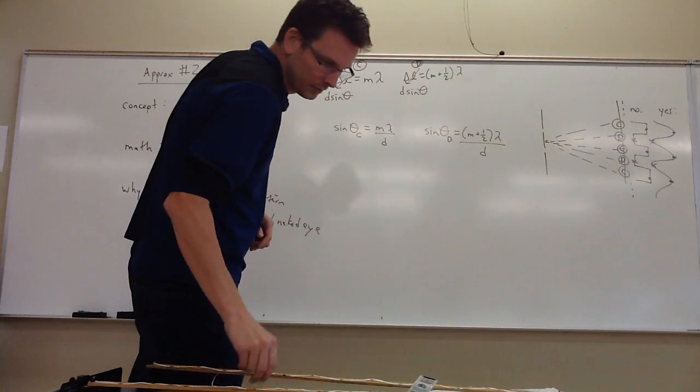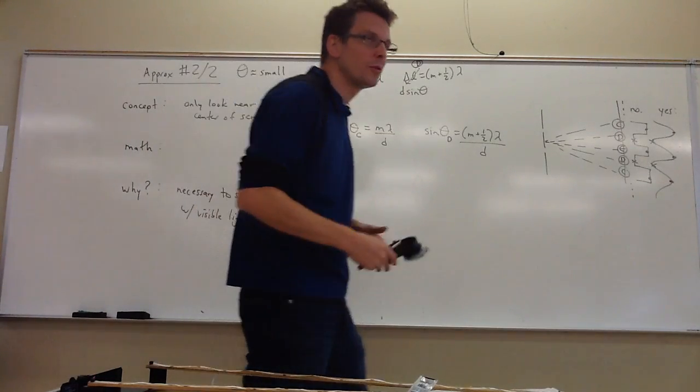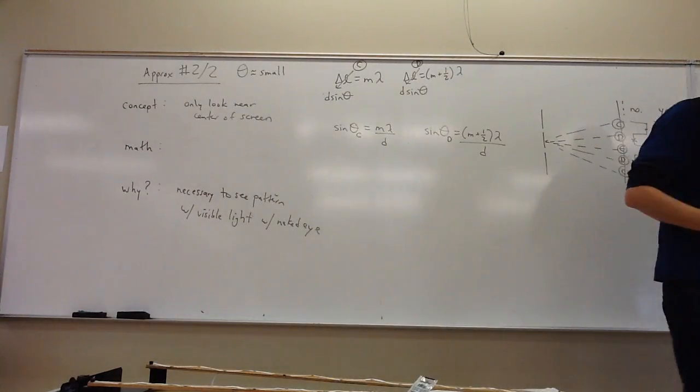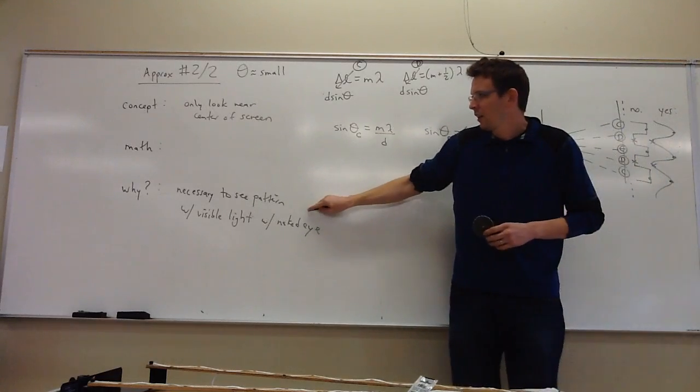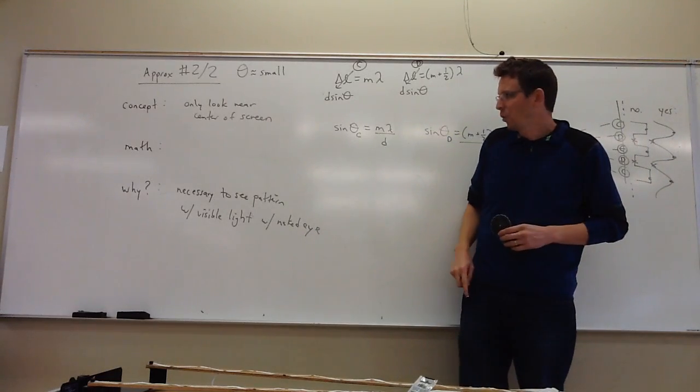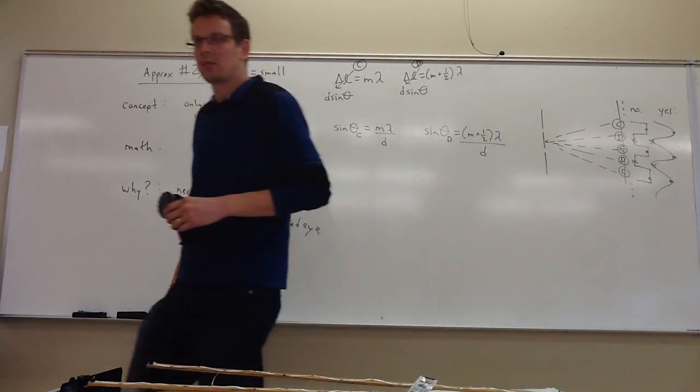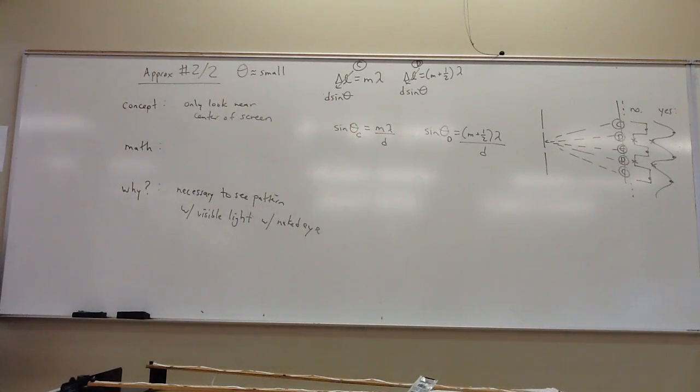This one, it's a lot easier to motivate that this is okay if we're looking at wanting to see the pattern with visible light with the naked eye, because let me again show it to you in case you forgot what it looks like. The pattern looks like this.